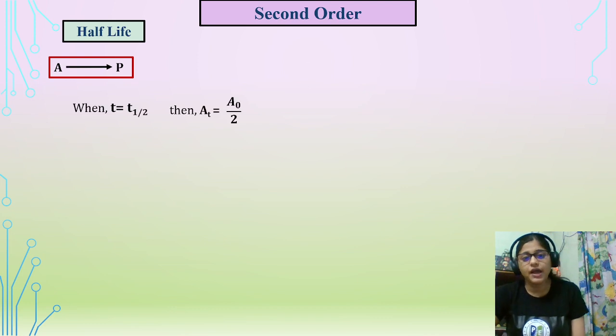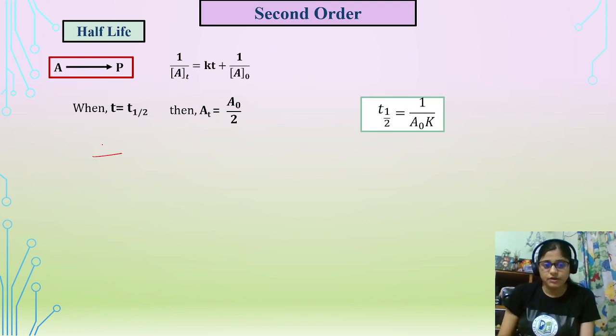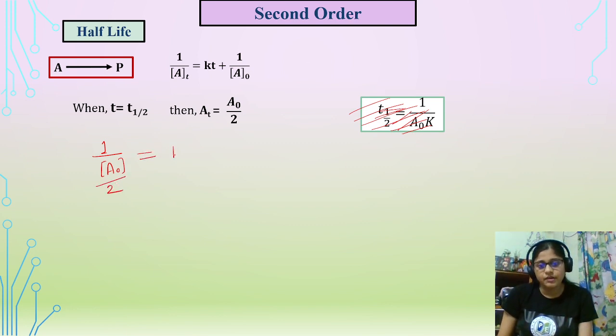After that, half life. We know when t equals t half, At will be A0 by 2, right? So if we put this in, what value can we get? Let's not see this yet, you calculate it first. A0 by 2 equal to k t half plus 1 by A0.